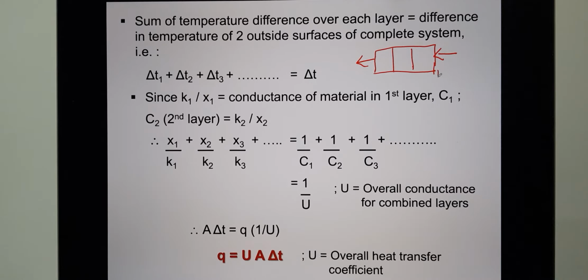So this one is T1, this one is T2, material 2, this one is T3, and this one is T4.